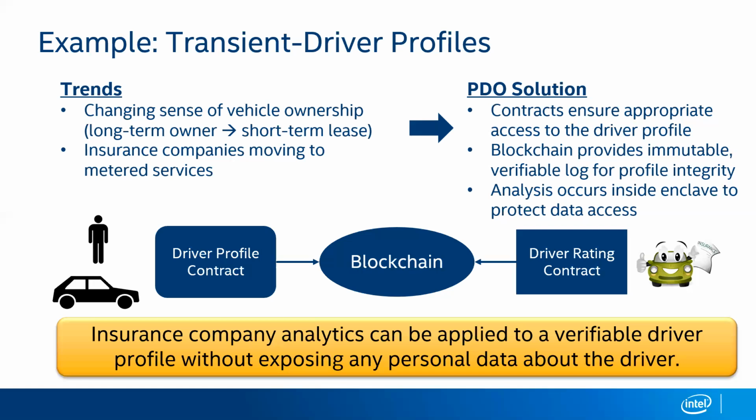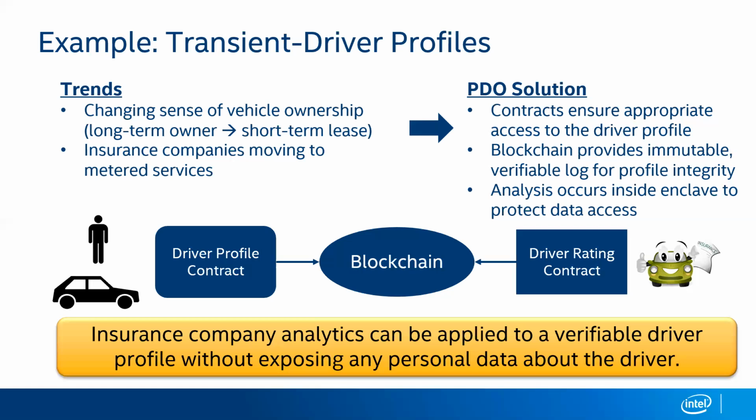And then at the end, the driver gets to decide whether the rating should be exposed to the insurance company. So we get high integrity on the driver profile. We get control over our own data. We don't get the right to do anything with it, but we get the right to see who sees it.